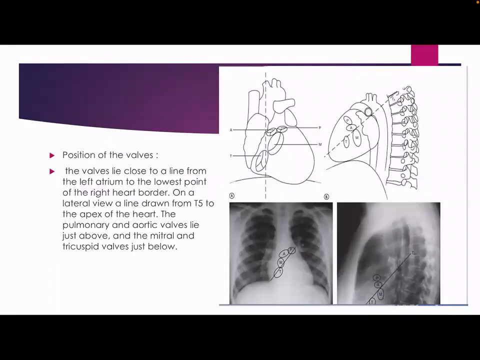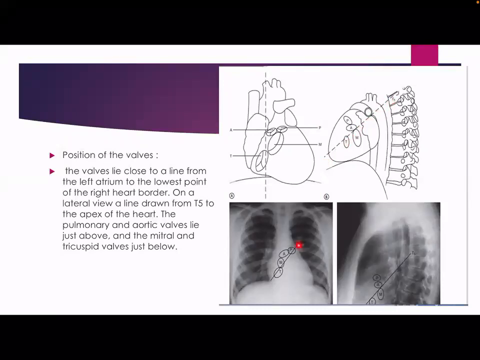Second, we have the position of the valves. The valves lie close to a line drawn, in the frontal chest X-ray, from the left atrium to the most inferior part of the right heart border, and in the lateral chest X-ray from the T5 thoracic vertebra to the cardiac apex.